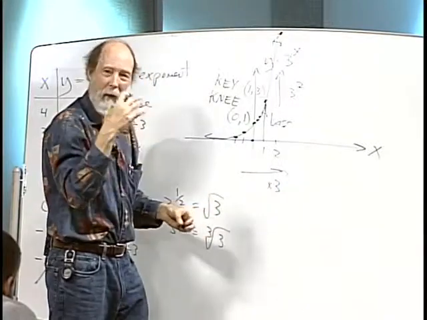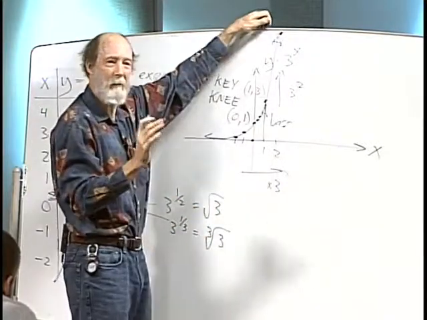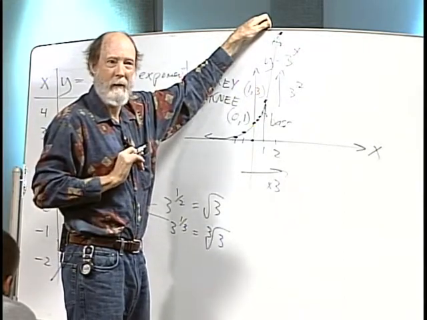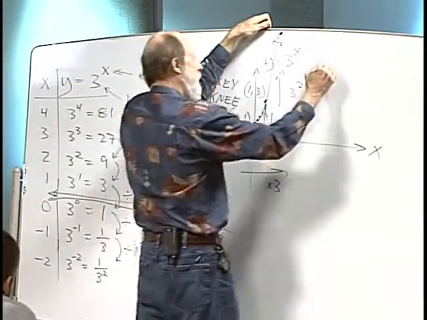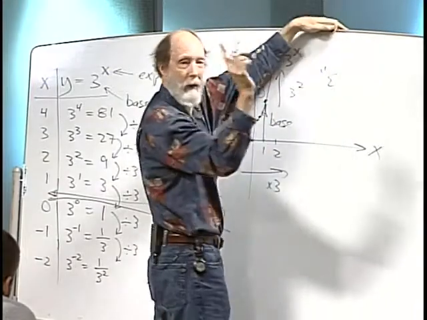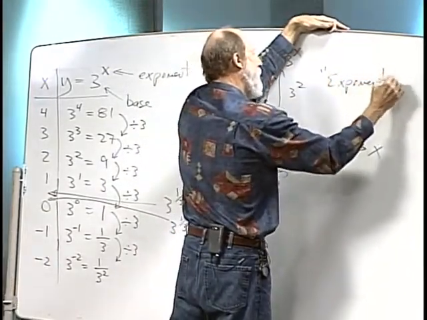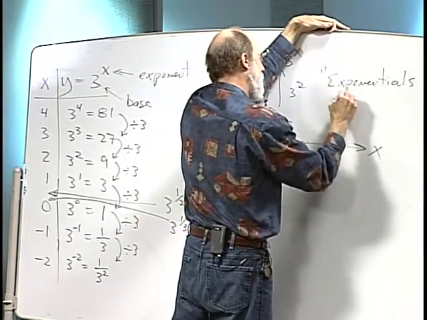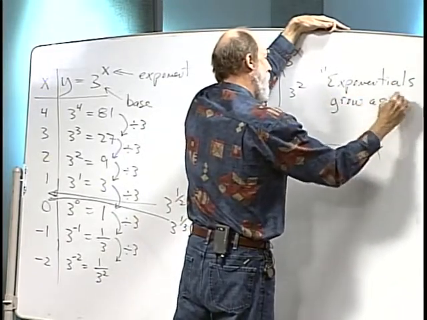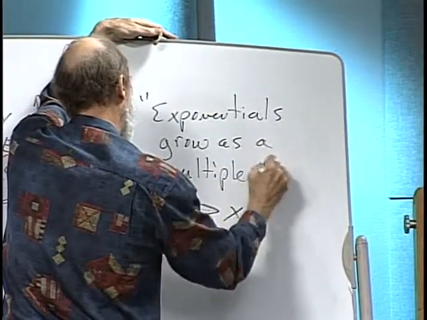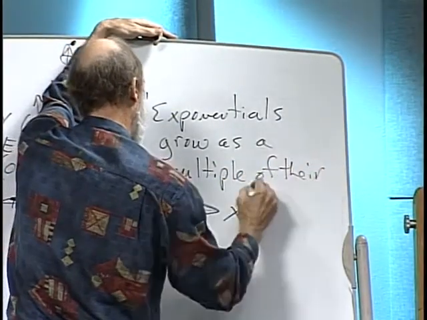So the way I like to explain this is exponentials grow as a multiple of their base. Try to remember that. You can quote me on that, okay? Exponentials grow as a multiple of their base.